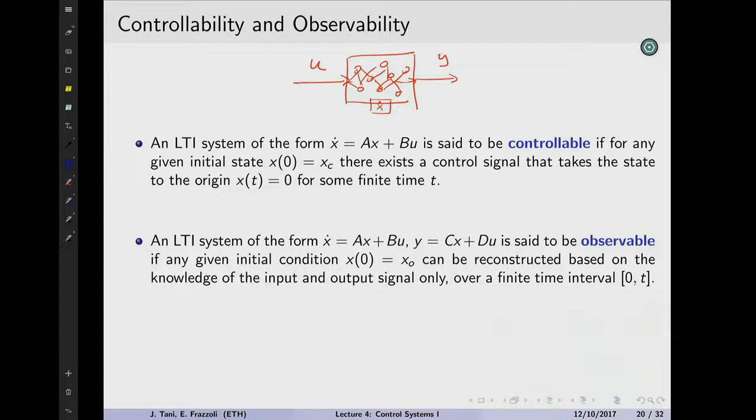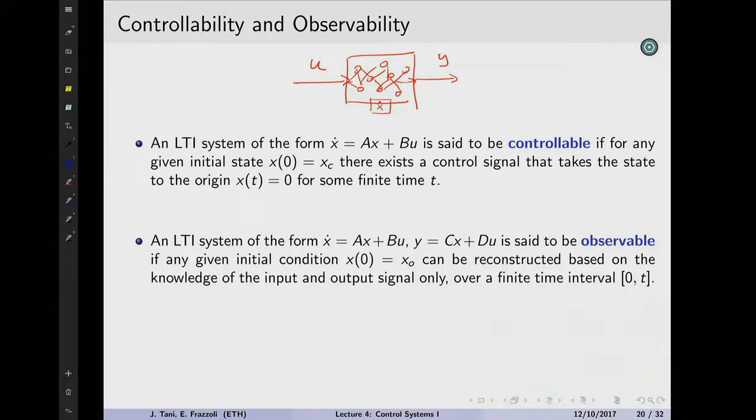So we define these two concepts of controllability and observability. A system is said to be controllable if, given any initial condition, initial state, it's possible to find a u, an input sequence, that takes the state and brings it to another place, nominally 0. It's the same if we were to say a different state, a final state xf. Note that this does not say that there exists an input that takes the state to that final state and keeps it there.